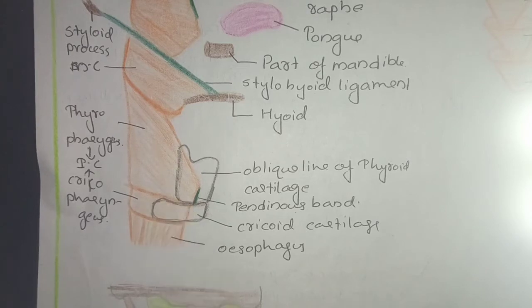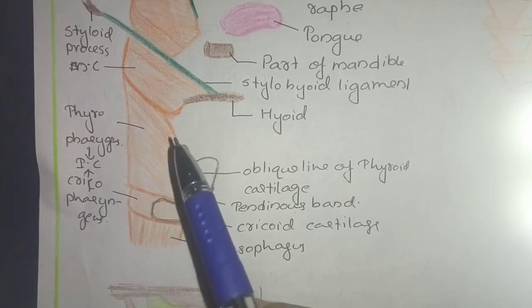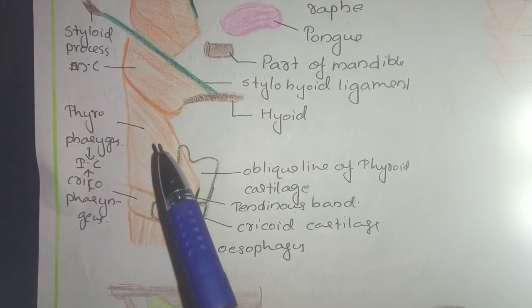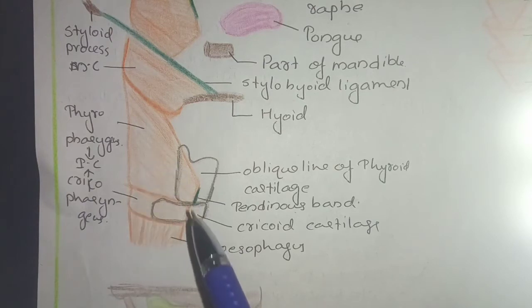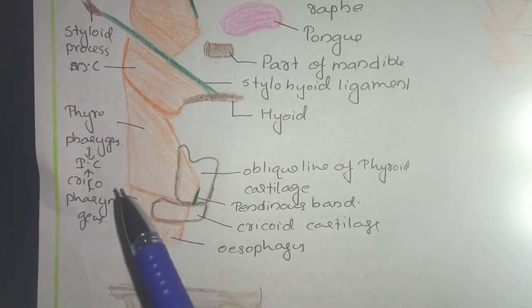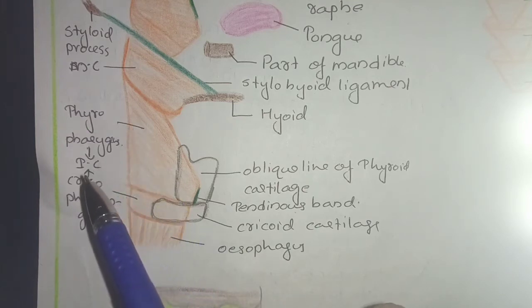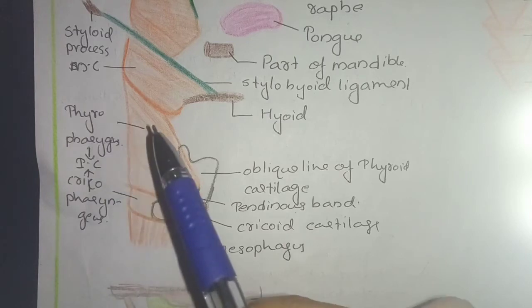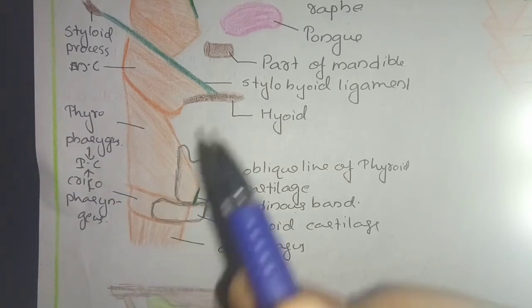All these are the origin of the thyropharyngeus. Now the cricopharyngeus is from the cricoid cartilage. Both thyropharyngeus and cricopharyngeus constitute the inferior constrictor.